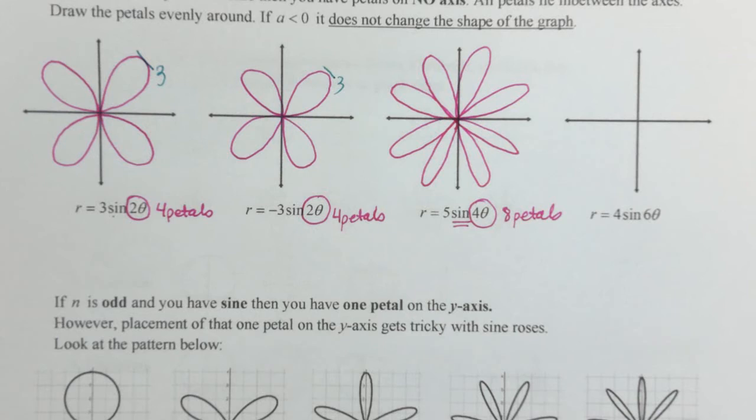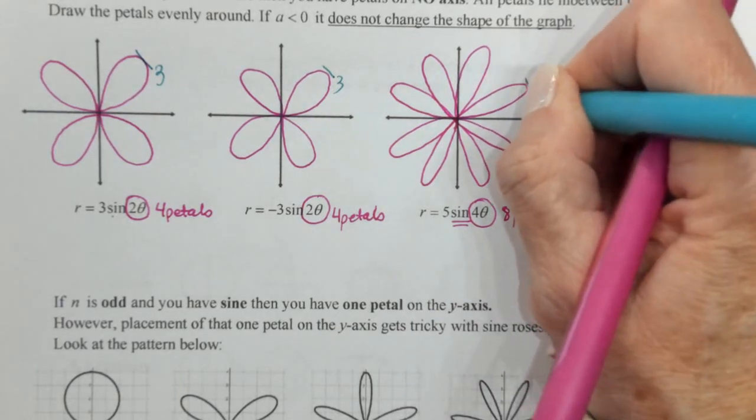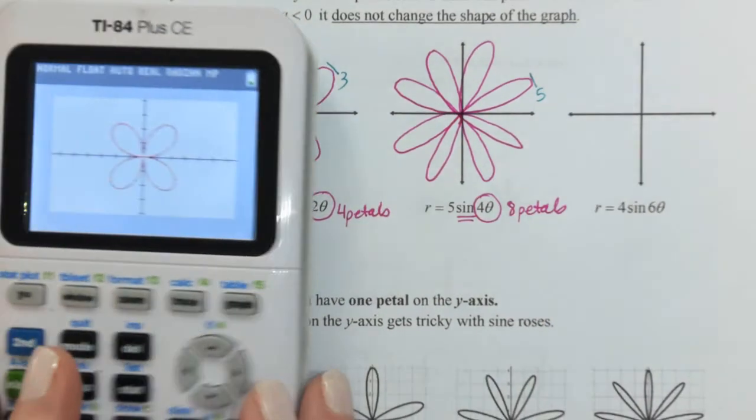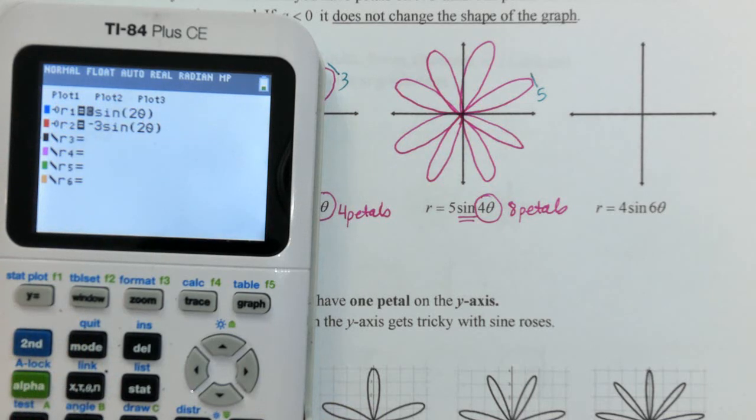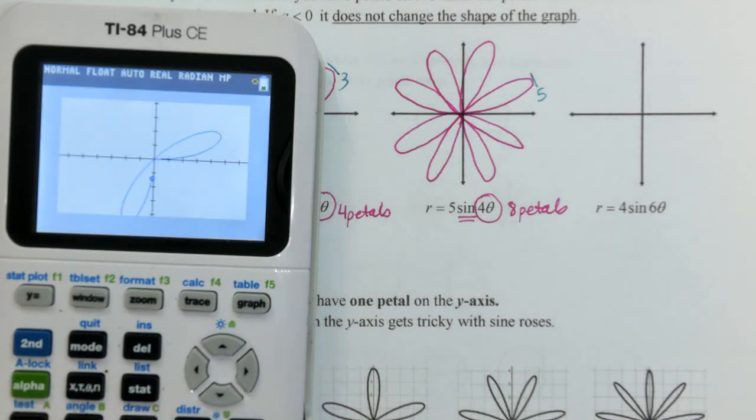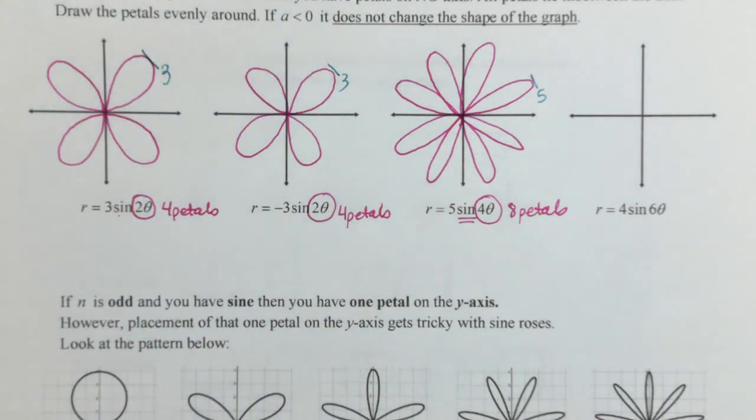Each petal has length 5. Okay, so 5 sine of 4 theta. So there's that rose flower.